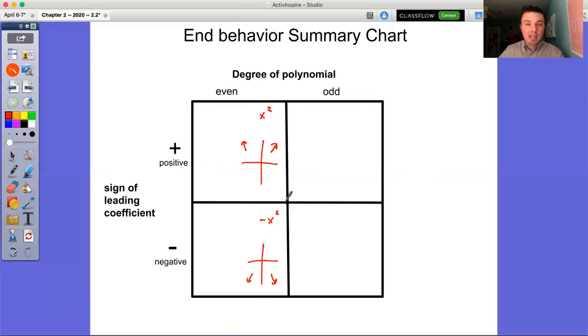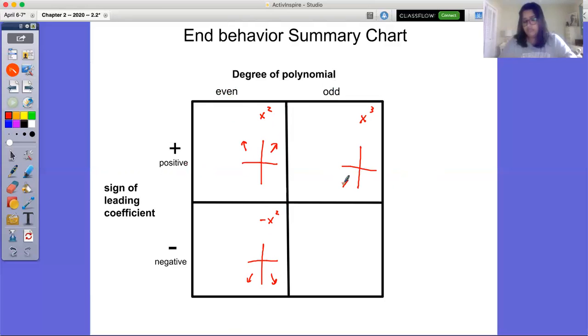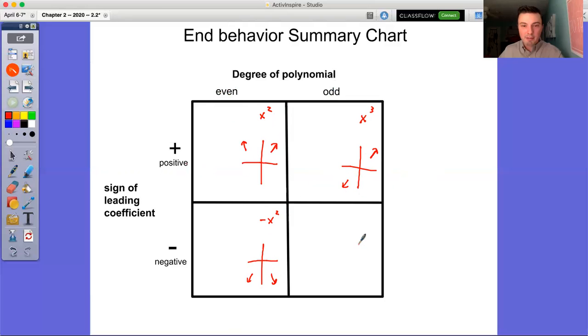When it's odd and positive, it looks like positive x cubed, which hopefully you know goes down to the left and up to the right. And then finally, when the degree is odd and the leading coefficient is negative, it's going to look like negative x cubed, which does the opposite of positive x cubed, up to the left, down to the right.